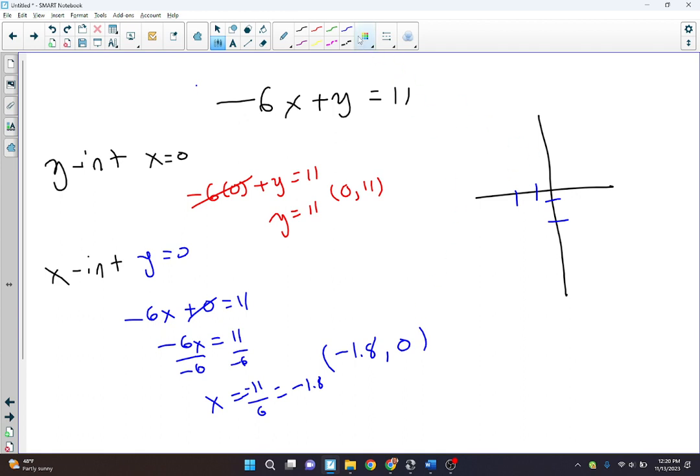In this case, negative 1.8 is in between negative 2 and negative 1. So this is between the gap, and I would put my dot here for negative 1.8.